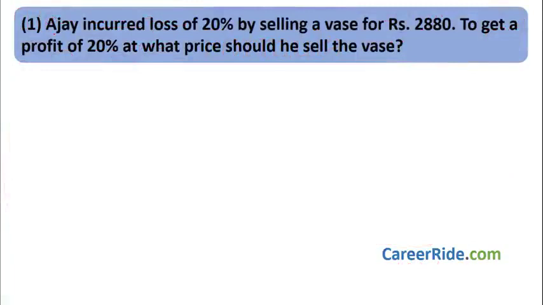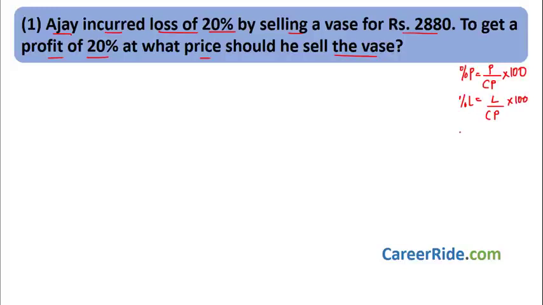Question number 1. Ajay incurred loss of 20% by selling a vase for rupees 2880. To get a profit of 20%, at what price should he sell the vase? Now again, what did we learn at the start? What are the 2 formulas? Percentage profit is profit in rupees divided by cost price multiplied by 100. Same way, percentage loss is loss in rupees divided by cost price multiplied by 100.